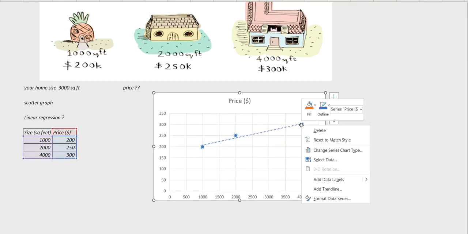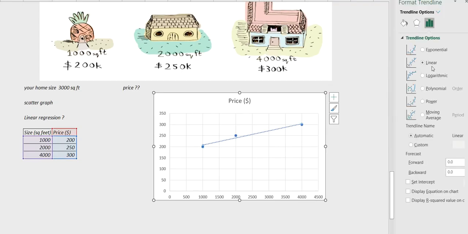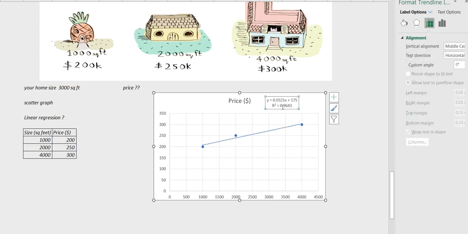I will select all the points, then right click, and there is the add trend line option, and there I will select linear, because we are talking about linear regression. And if I select display the equation and display the R square value, the R square here is 0.96, meaning this particular line is able to explain 96% of the variance of this historical data.